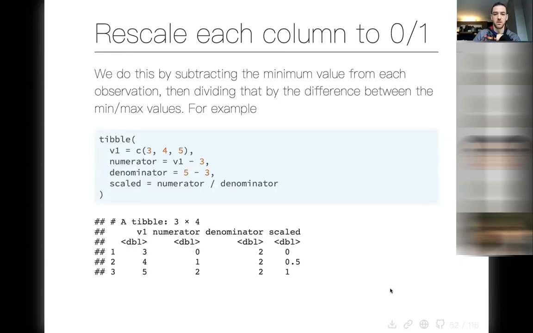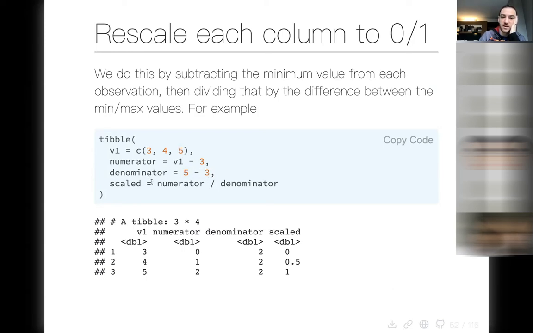So for example, this is one way where I'm showing it step by step. V1 is 3, 4, 5. The numerator in this case is going to be those values of V1 minus 3. We're subtracting 3 because 3 is the minimum value. The denominator is going to be the difference between the biggest and the smallest, so 5 minus 3.